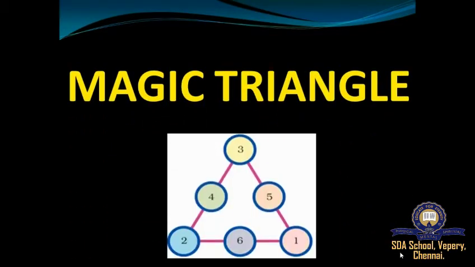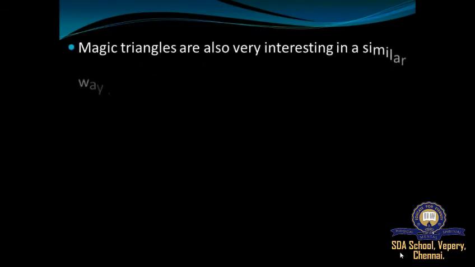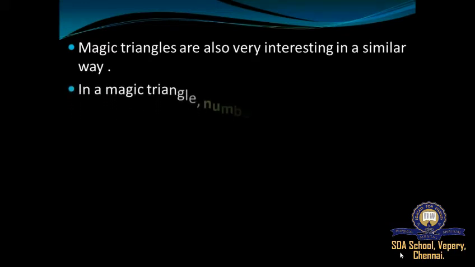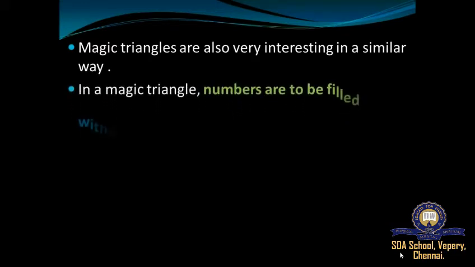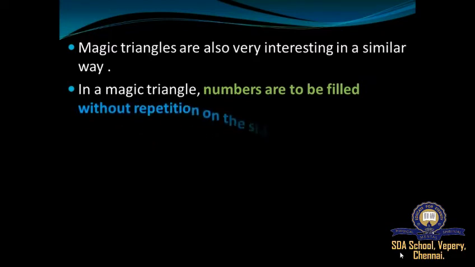Okay, so what is a magic triangle? Magic triangles are also very interesting in a similar way like Sudoku. Okay, so in a magic triangle, the numbers are to be filled without repetition on the sides of a triangle, whereas in Sudoku, similarly, the numbers are to be filled without repetition on the rows and columns, right?